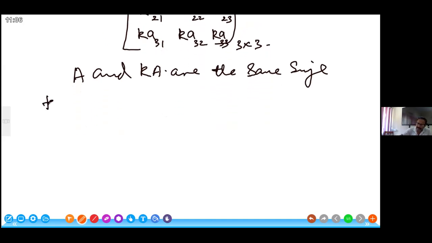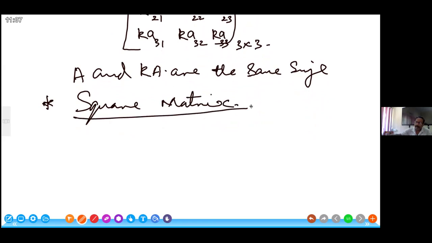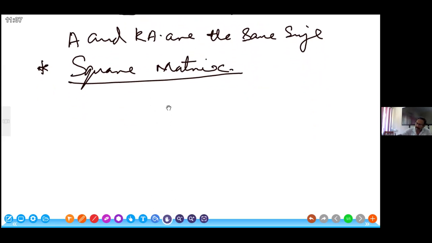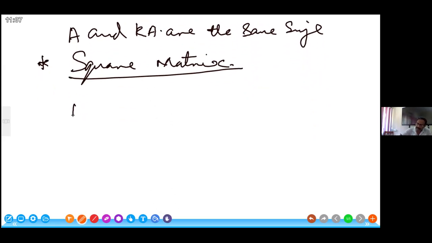The next one is the square matrix. Let's say A is a square matrix where the number of rows is equal to the number of columns. That is called a square matrix.